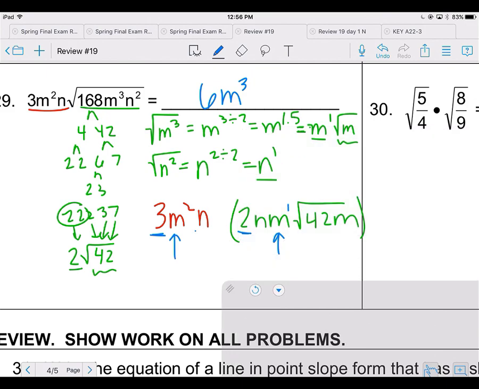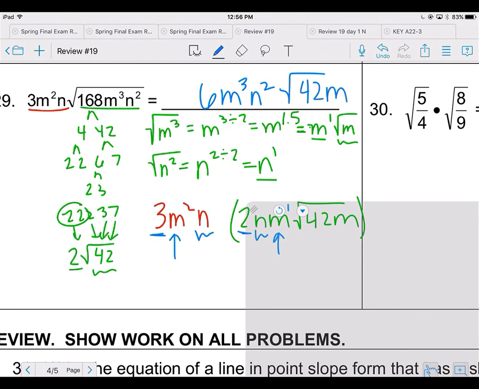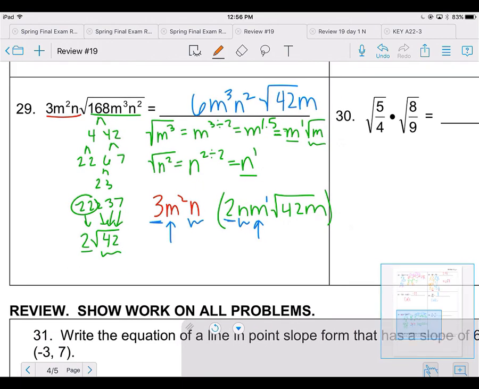And then n plus n is n squared, because we're just adding the exponents. 42m stays under the square root. So again, in green, we just simplified the square root, and then we multiplied to the 3m squared n that was already out front. When you multiply big numbers like normal, you add the exponents for the letters.